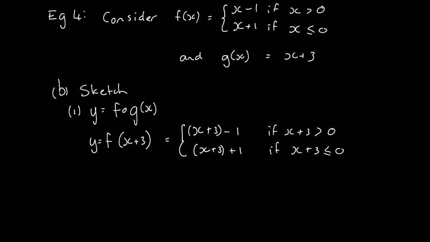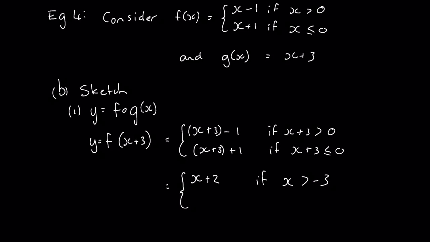So we're substituting into this x value here the value of x plus 3, and into that x value the value of x plus 3 over there, into the plus 1. This simplifies. We can simplify this further. So x plus 3 minus 1 is x plus 2 if x is greater than negative 3. Just simplify the restriction a bit.